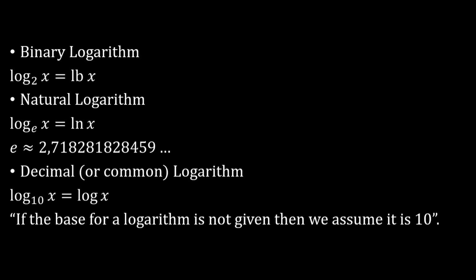So, if the base for a logarithm is not given, then we assume it is 10. For example, log of 1 million is logarithm of 1 million to the base 10? And the answer is 6.